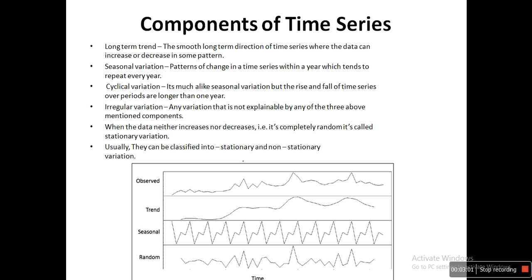If any time series fails to follow the above three, then we refer to that as an irregular variation. And if the increase or decrease in a time series is not in a regular fashion, then we call that series a random series.